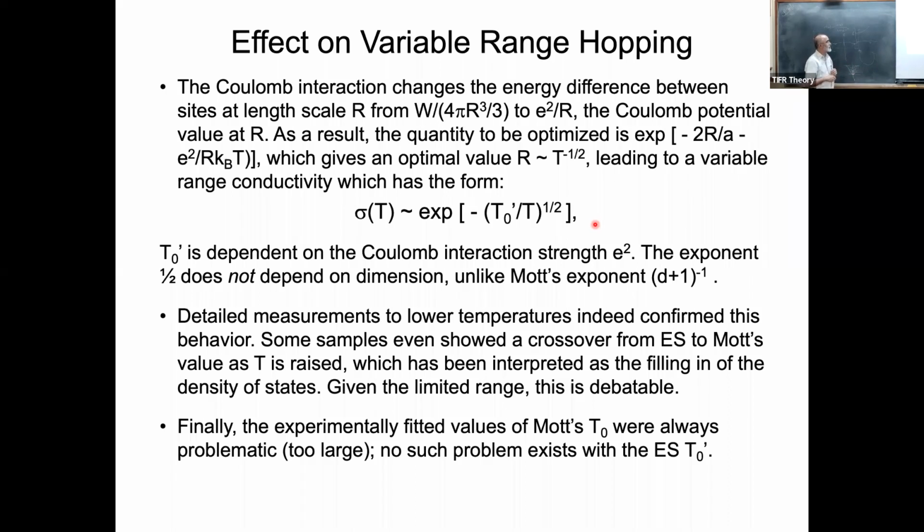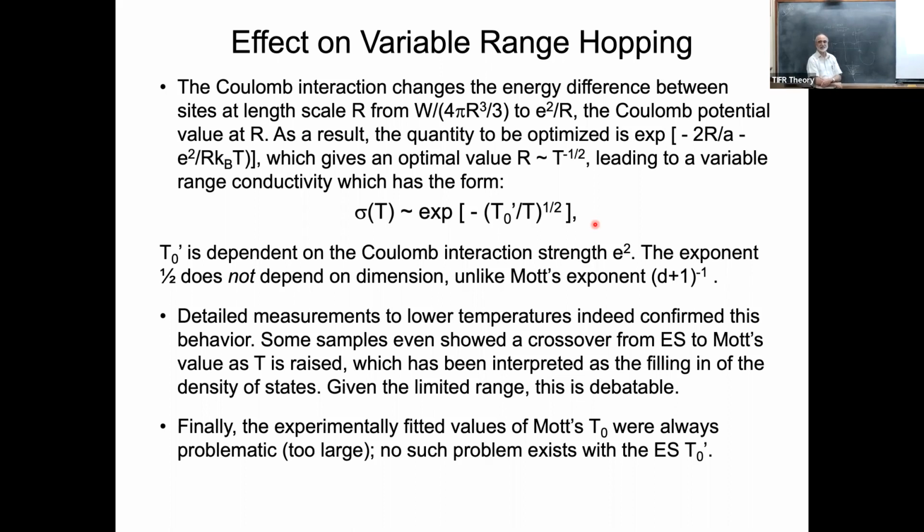So detailed measurements actually do confirm that. I'm going to show you some data that shows that at the lowest temperatures you get that form, not T to the 1/4. Secondly, the other point, which I shoved under the rug to begin with, was that if you try to experimentally fit the data to Mott's formula, this T naught turned out to be a humongous number.